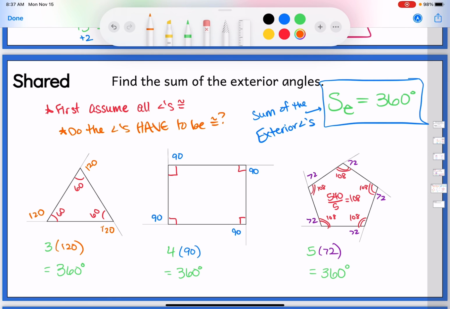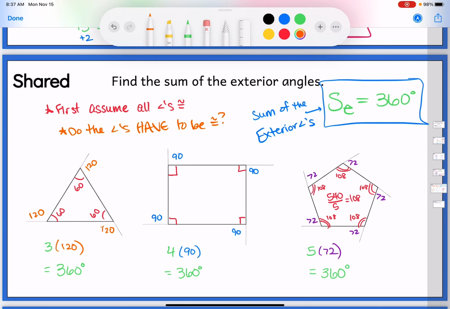If one of the interior angles, let's look at, say, the quadrilateral here, was a little bit less than 90, what would have to happen to one of the other interior angles? Well, they have to still add up to 360, right? So if one of the interior angles was a little bit smaller, one of the other ones would have to be a little bit bigger, right? And if the interior angle is a little bit smaller, the exterior angle is a little bit bigger, but then it would balance out with the other interior angle, right?